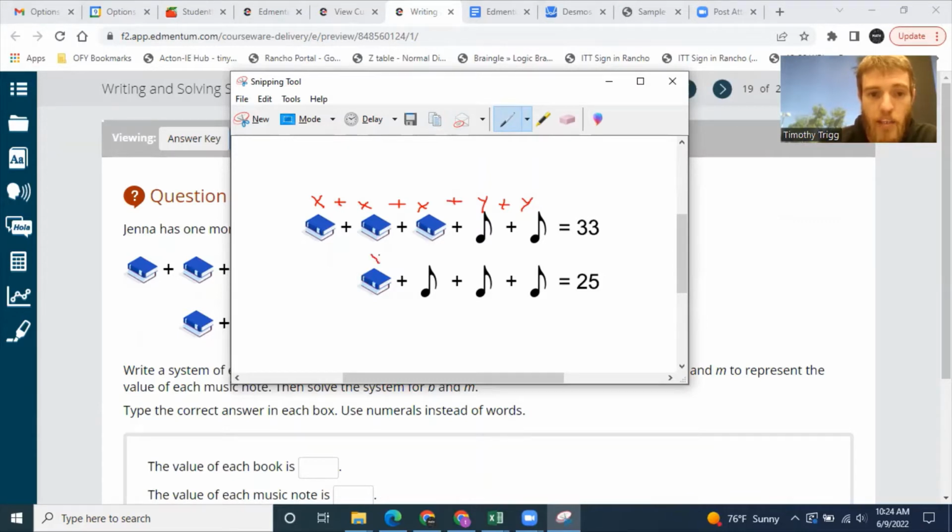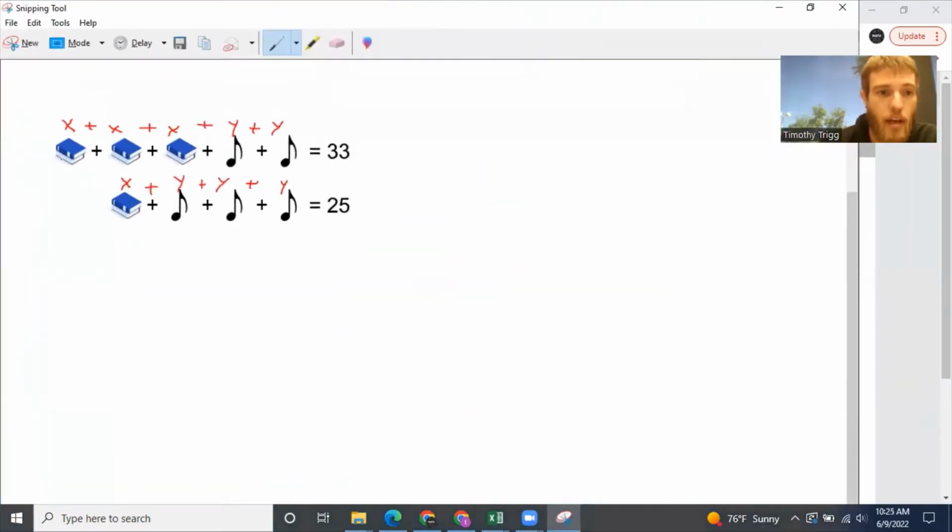Well, it'd look like x plus y plus y plus y equals 25. So let's go ahead and combine like terms on this first equation. So this would be 3x plus 2y equals 33.